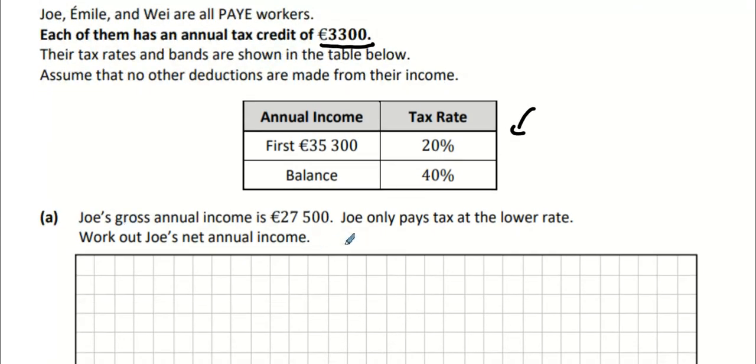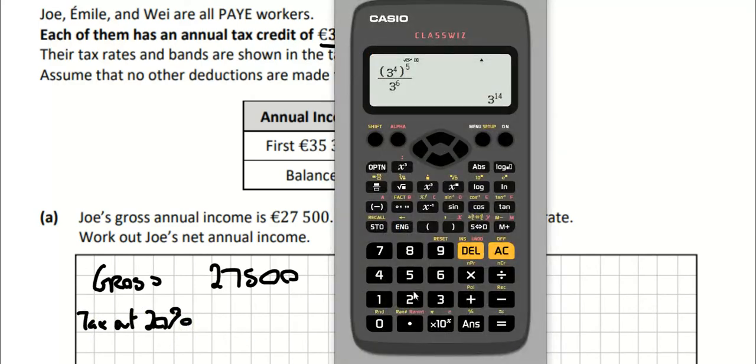All right, so Joe's gross income is 27,500. Joe's tax at 20%. So he's only going to get taxed at 20%, which means we get our 27,500, and we multiply that by 20%.